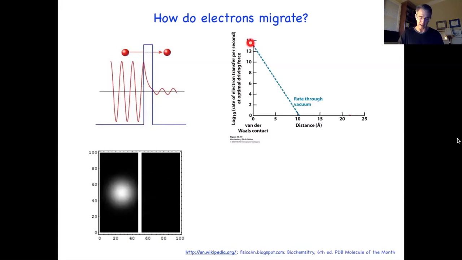When they're directly in contact, transfer is extremely fast. But by the time you get out to a distance of about 10 angstroms, if the gap is filled with nothing but vacuum, the transfer is essentially zero.